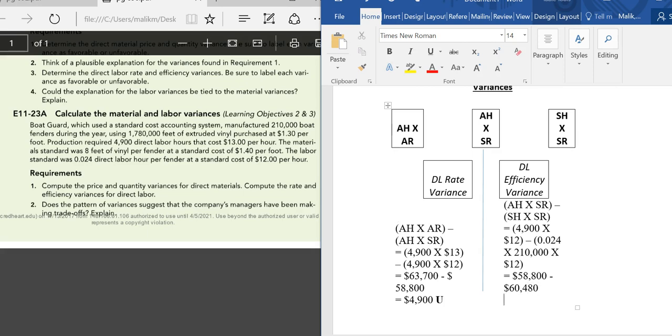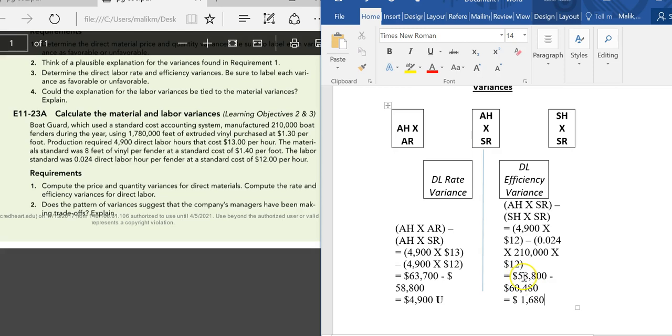Now if you check the difference, it is basically 58,800 minus 60,480, which I found here is 1,680. And now you can check it.